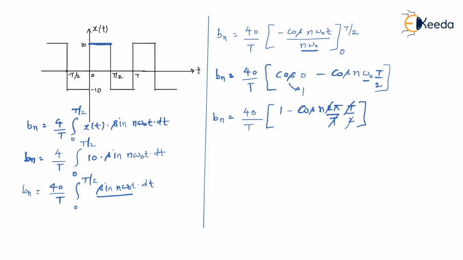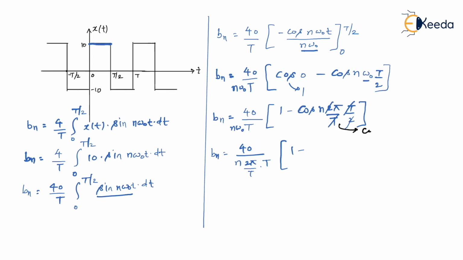One more thing, this n omega naught we can take out, so we just need to write n omega naught here. Finally, we have Bn equal to 40 upon n. Let us substitute the value of omega naught as 2 pi by T. We have T over here. In the bracket we have 1 minus, if you observe carefully, the second function is cos n pi. I'm talking about this.